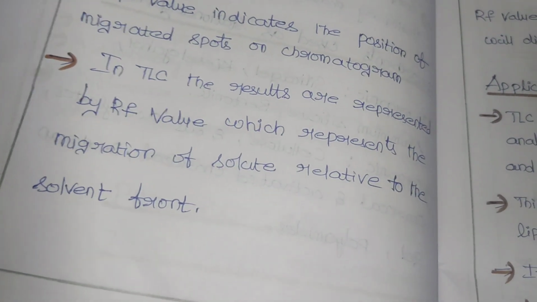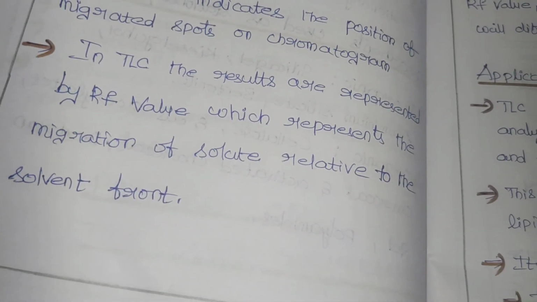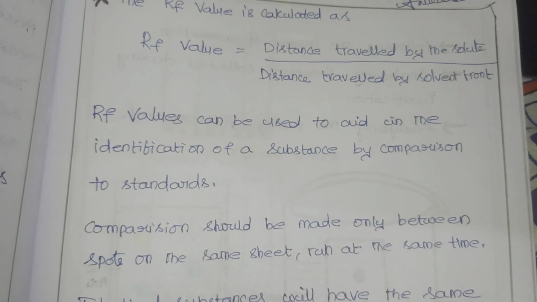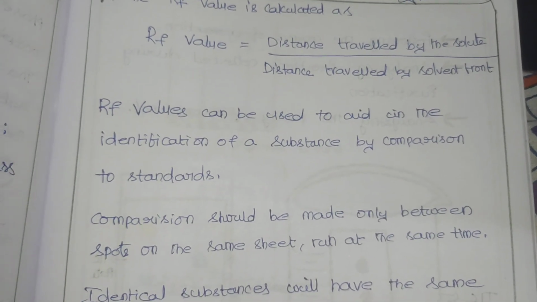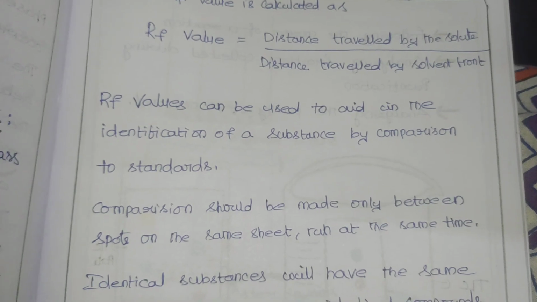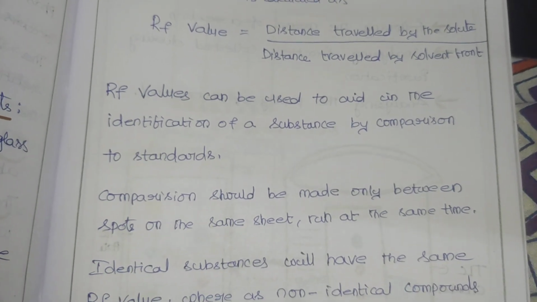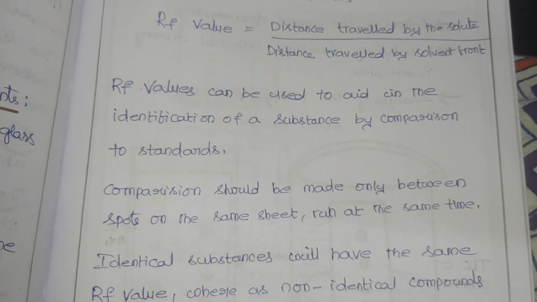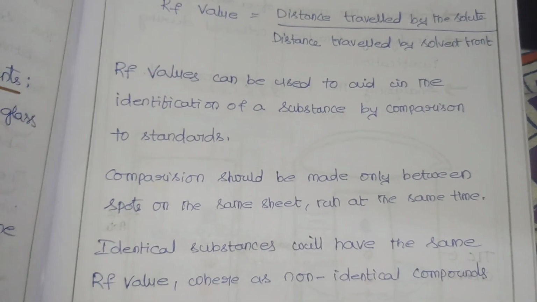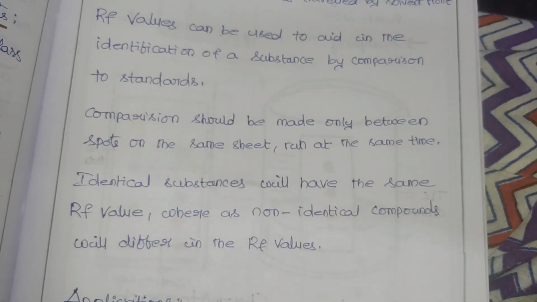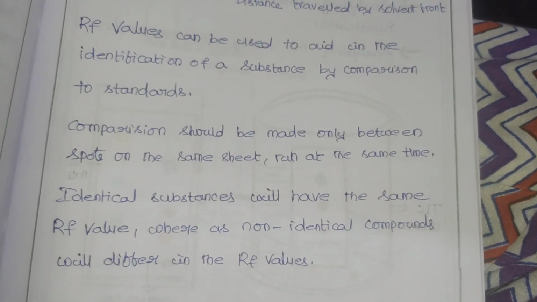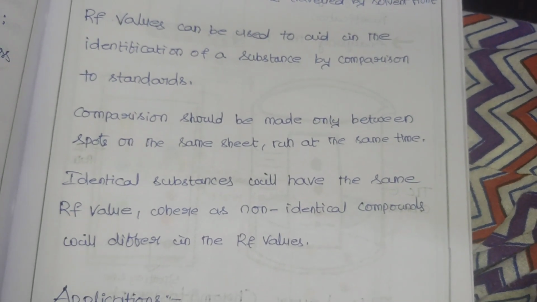Rf is equal to the distance traveled by the solute divided by the distance traveled by the solvent. Knowing these two values, we can easily find the Rf value by comparing it with standards. Comparison should be made only between spots on the same sheet run at the same time. Identical substances have the same Rf value, and non-identical substances have different Rf values.